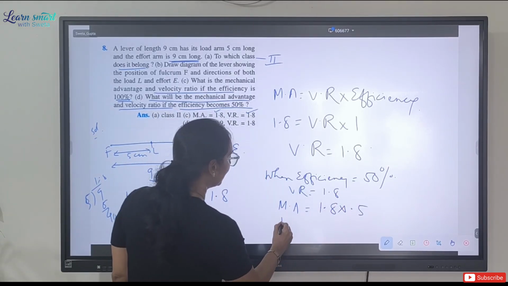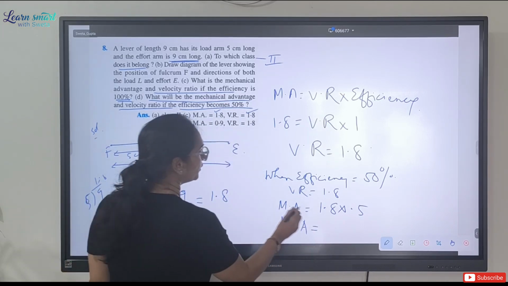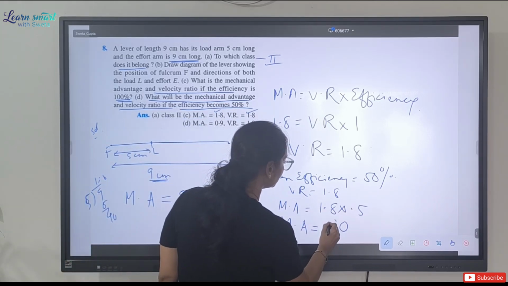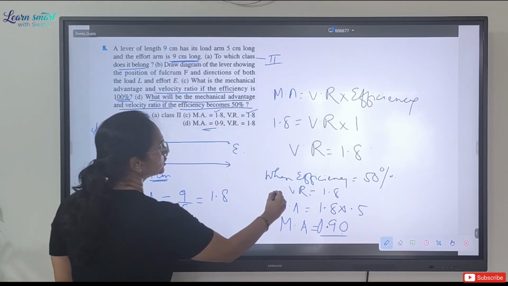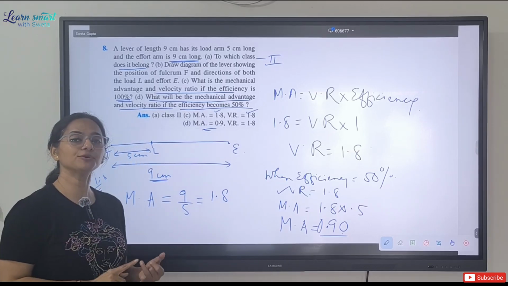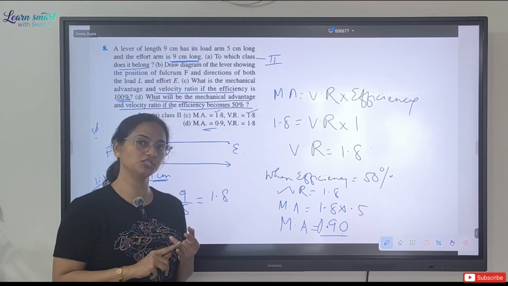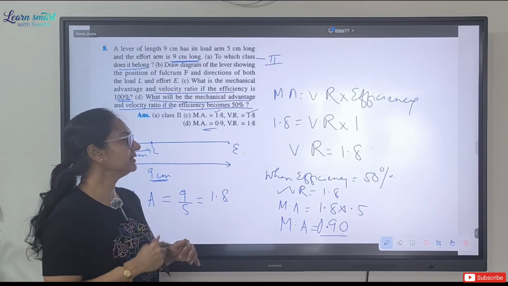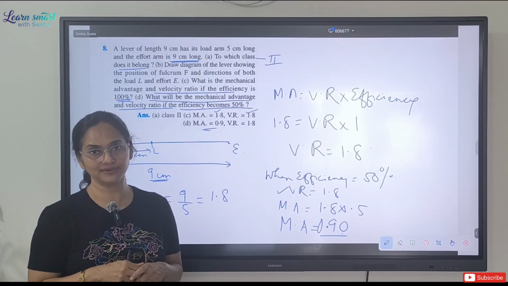And now if you multiply, you will get mechanical advantage as 0.9. So this is the mechanical advantage you will get, and velocity ratio will remain same. So you have to remember that the velocity ratio does not change, it remains same. And when the efficiency changes, mechanical advantage will accordingly change, right?